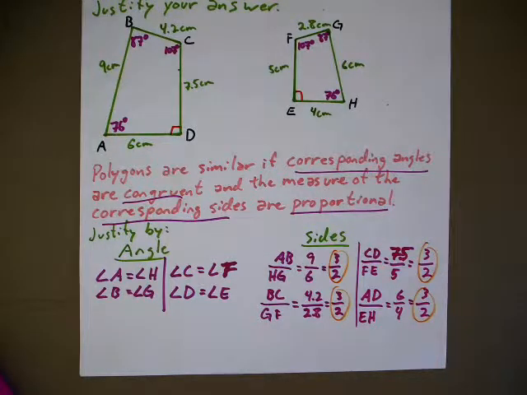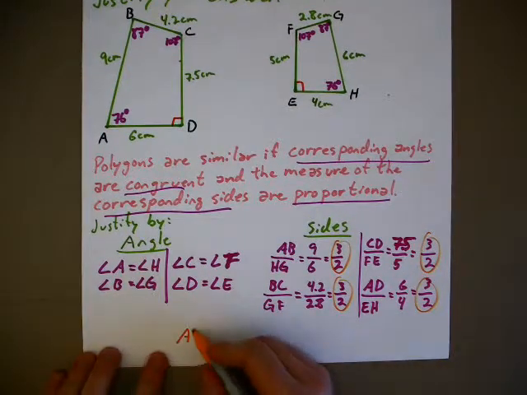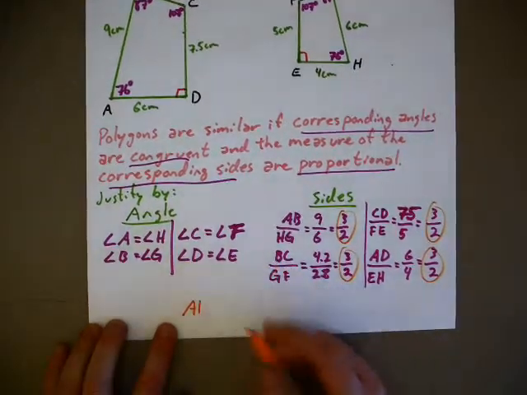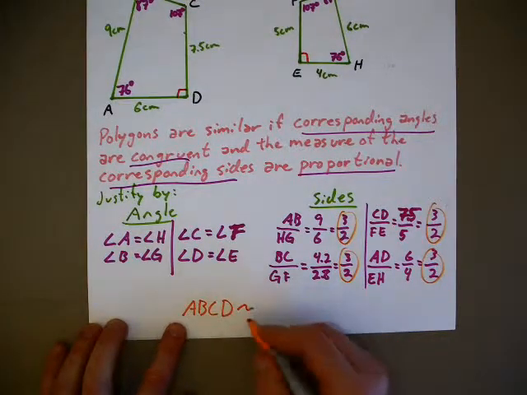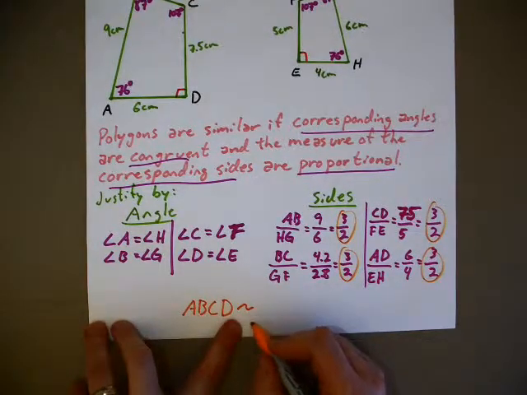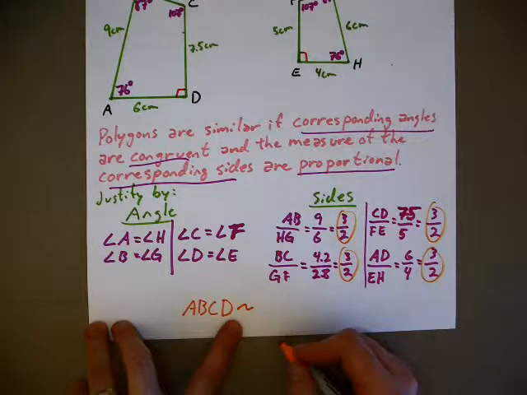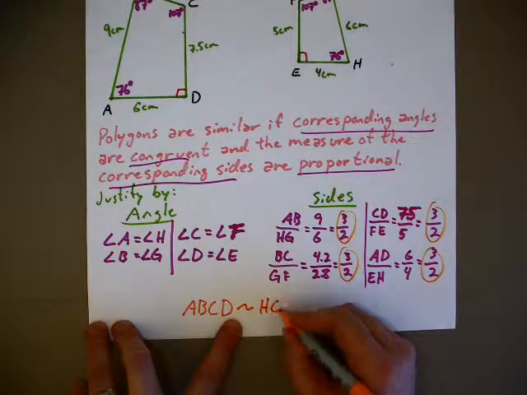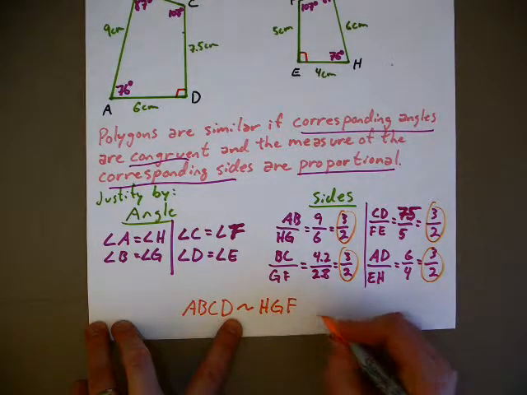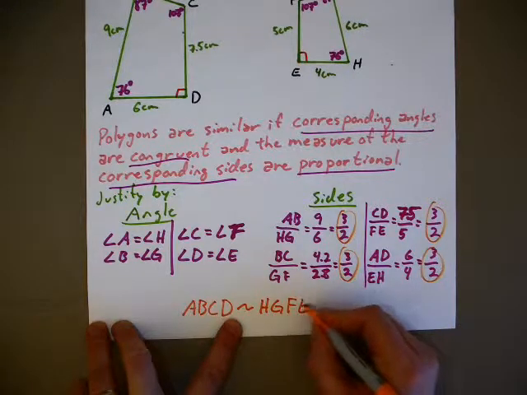If you can figure that out, then what we can say is that polygon ABCD is similar. That's the similar mark. It's just sort of one squiggly line. Is congruent to, and again, you have to line up H, G, F, E.